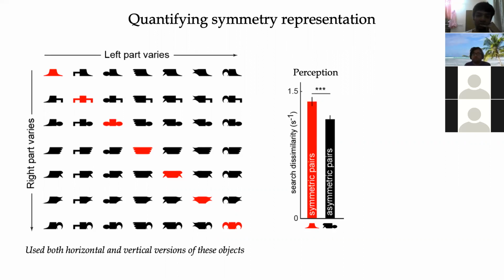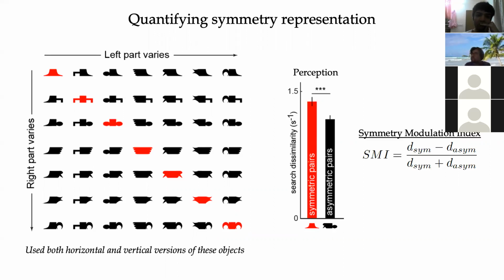We turn this into a symmetry modulation index: you take the difference between search dissimilarity for symmetric pairs and asymmetric pairs, and then normalize that by the average of these dissimilarities for symmetric and asymmetric object pairs. This tells you how sensitive to symmetry your model, or each node, is. So you compute this for each node in your model.